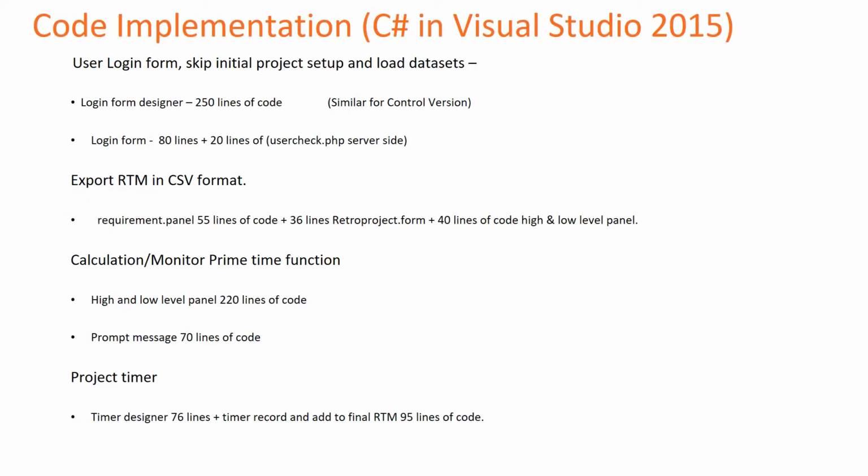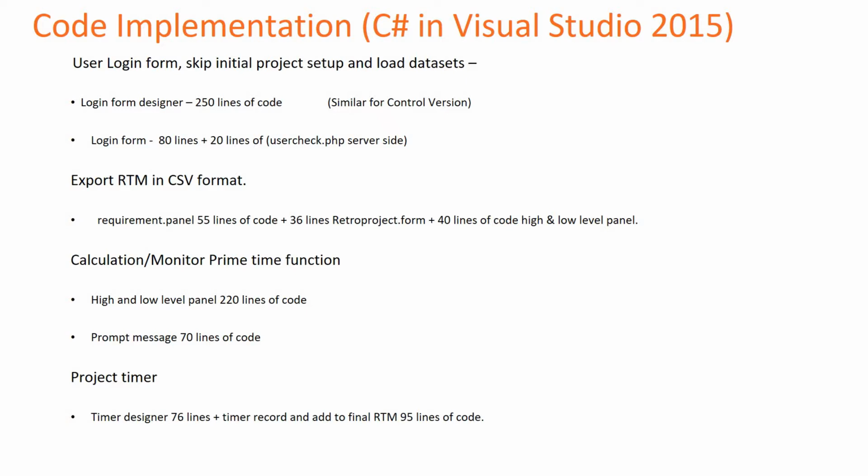As already mentioned, the code is implemented in C Sharp in Visual Studio 2015, and just to give an overview, the login form had two components: designing the login form, which is similar for the control and the experimental version, and the actual login form functionality, with 20 lines of user check, which is also hosted on my multi-lab server, keeping track of the usernames and passwords.